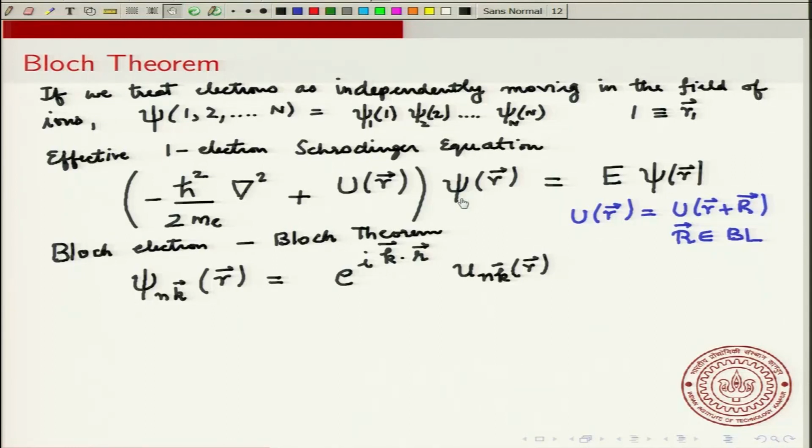Now what we are saying is that you can write a general solution in terms of this wave vector k, as a product of two terms. The first term is just e to the i k r. This is a travelling wave solution.